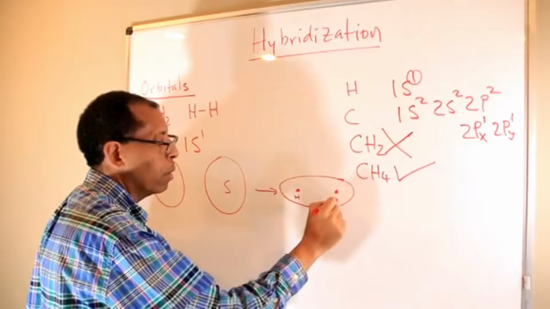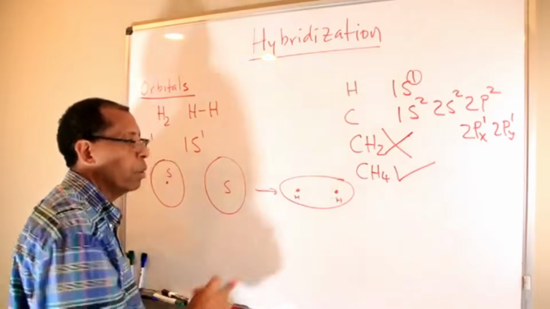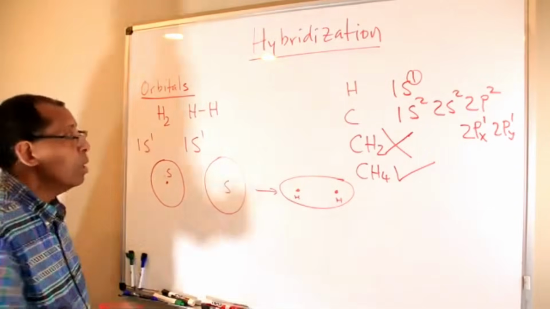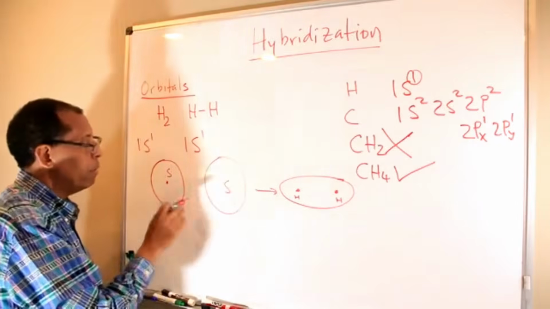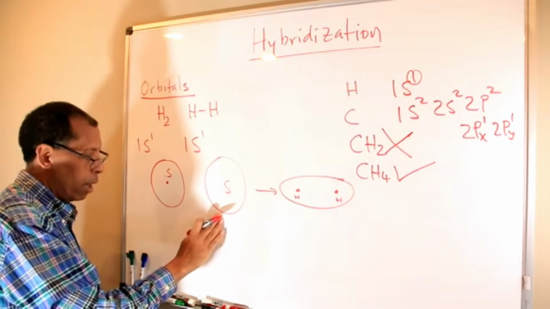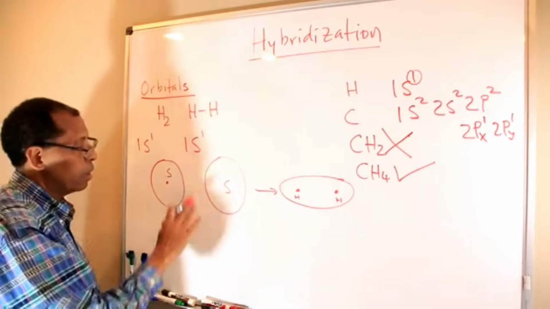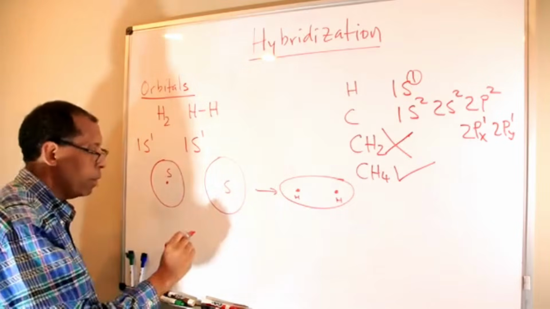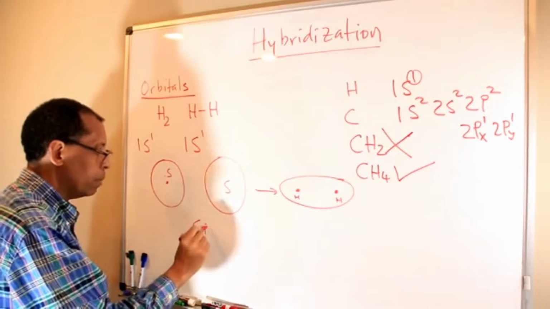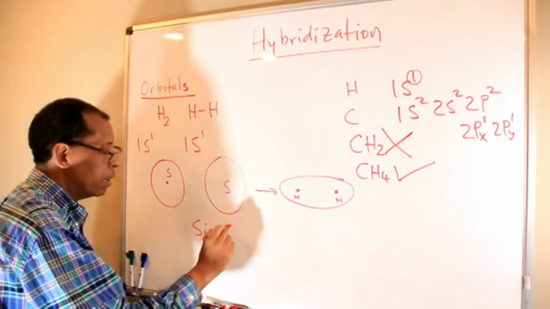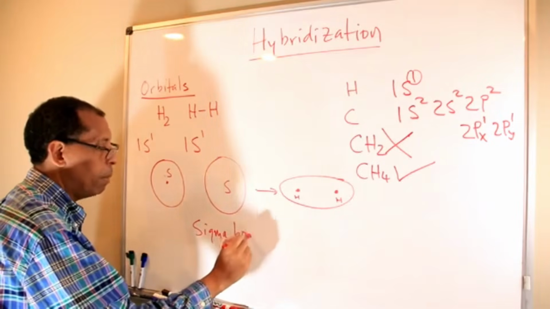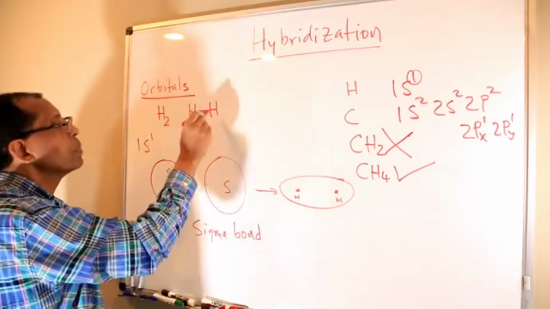So the bond that is made from s-s overlap is called a sigma bond. A sigma bond is a single bond.